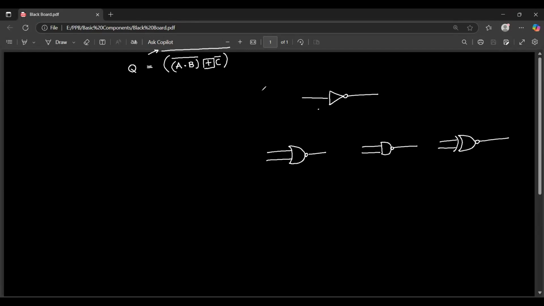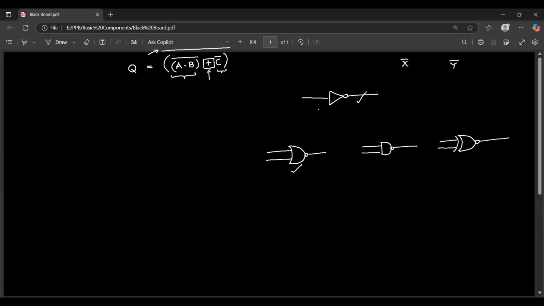If we didn't have anything, just a single term like X bar or Y bar, something like that, then it's a NOT gate. You can directly go for the NOT gate. But if you have a plus symbol between two terms, each a single term, then we can definitely say it's an OR gate.